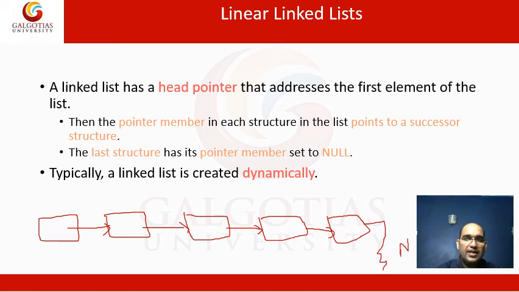This is called a linear list, where you can access the list one after another. It contains the data, and one last field which is a pointer that can store the address of the same kind of list. That is called a linear linked list. You will study this in detail in the second year in the data structures subject.